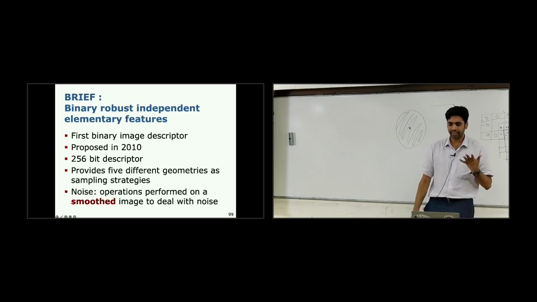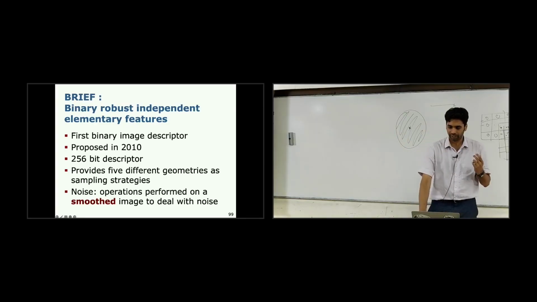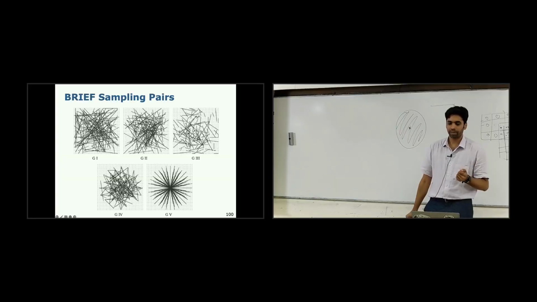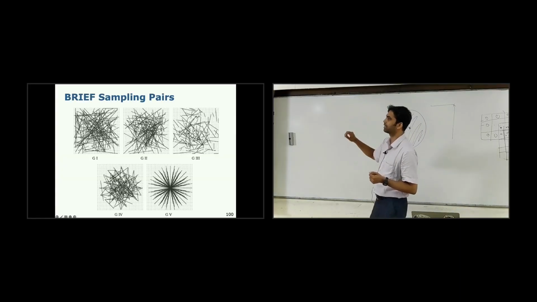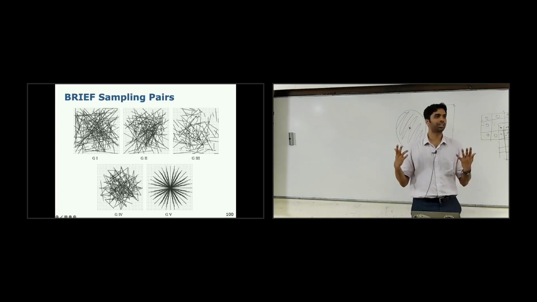And then in the original paper, they tested different things. They tested different ways of sampling those pairs, and the experiments were quite interesting. The experiments had these 5 sampling strategies. The first 3 almost look like random pairs.